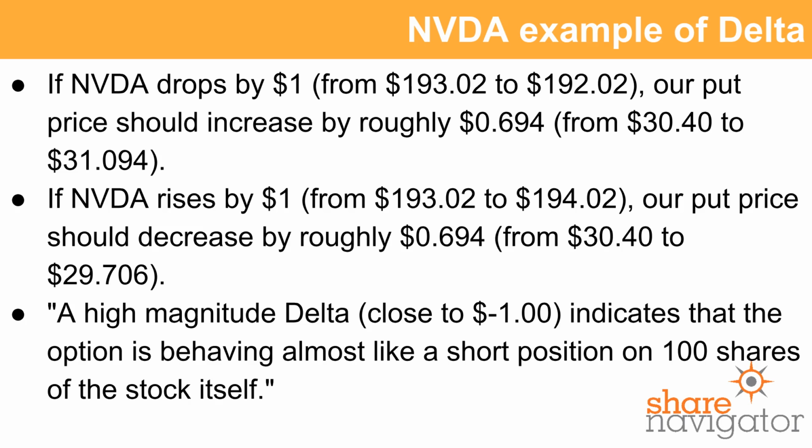But on the flip side, if the share price of NVIDIA rises by $1 from $193.02 to $194.02, our put option price would decrease by 0.694 from $30.40 to $29.70. So the higher the delta and the closer it gets to -1, the more it will behave and act like an out-and-out short position on a stock.